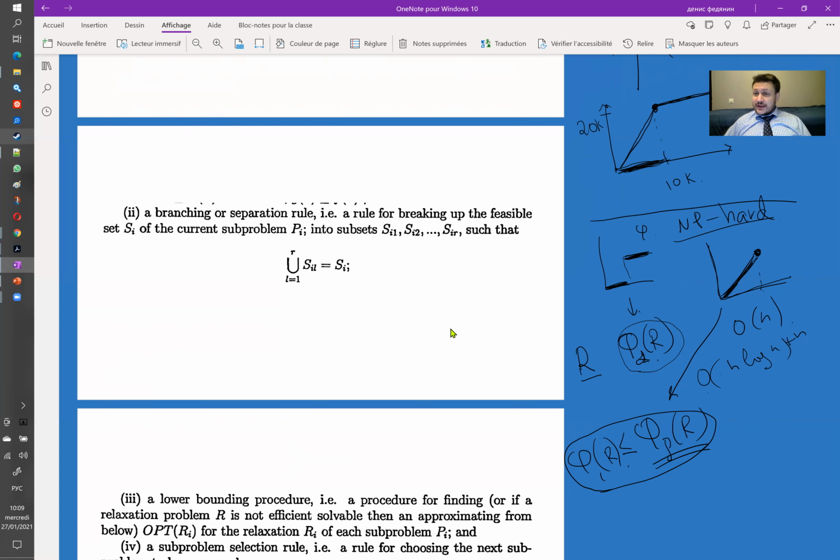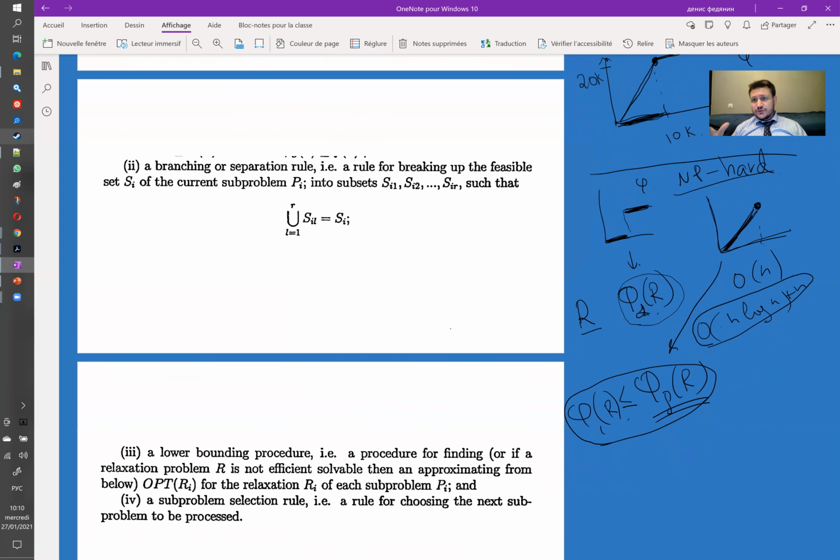And we also have an upper bound here, but this one is also very good, using only linear time, or linear multiplied by log n time.